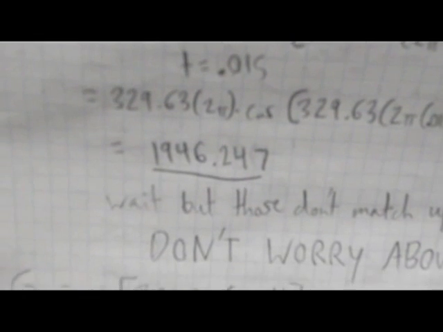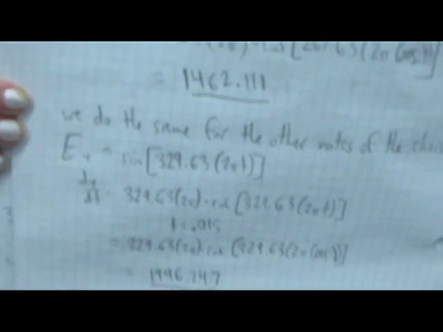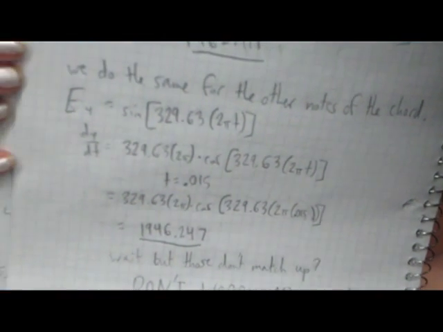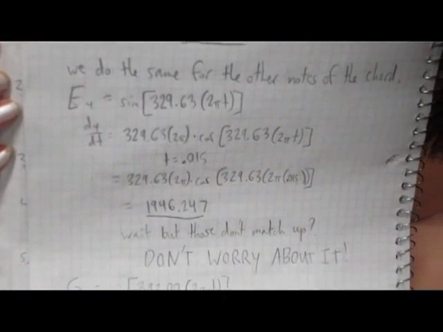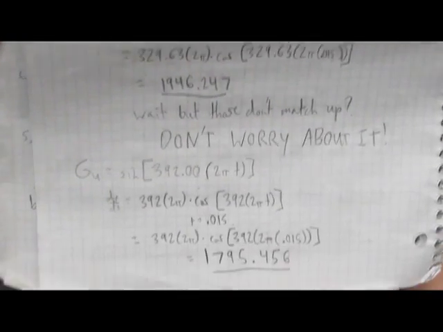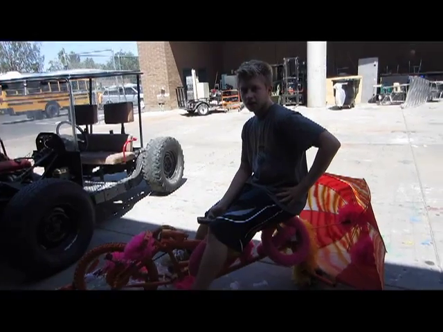Whoa! This one was 1462, and this one is 1946. That's like a lot, right? But you don't have to worry about that because they're both pretty much straight up slopes. Since the sine wave only goes between -1 and +1, straight up lines won't matter, right? So G is going to be 17.95.